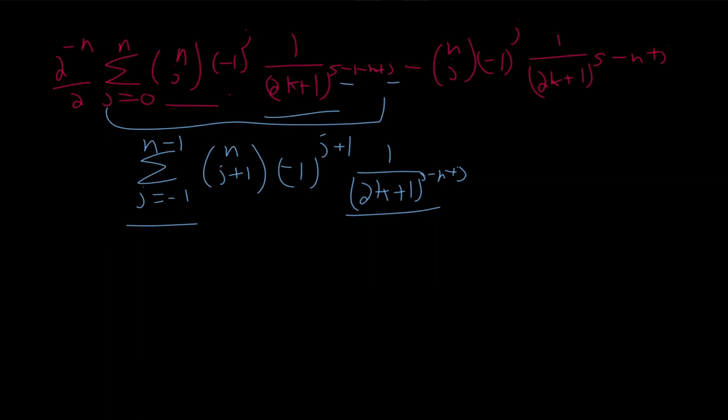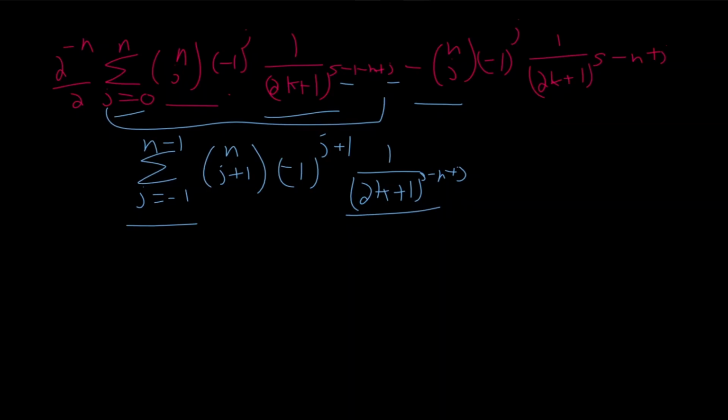The sum right here goes from j equals -1 all the way up to n minus 1. But this sum that's going over this term right here goes from j equals 0 all the way up to n. So are we able to add those two? And the answer normally to that would be no, you aren't able to. But in this case, you actually are.